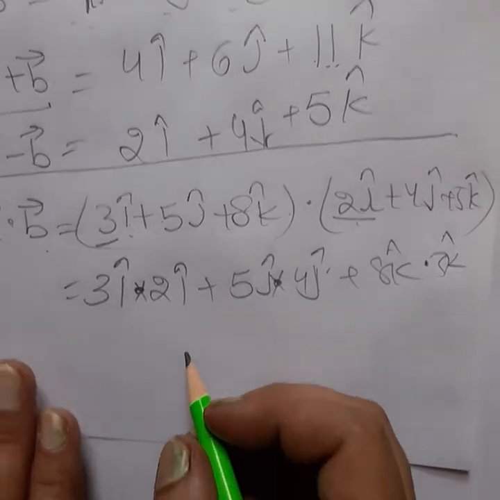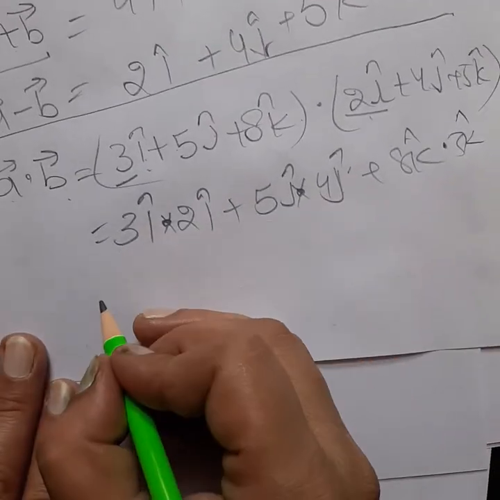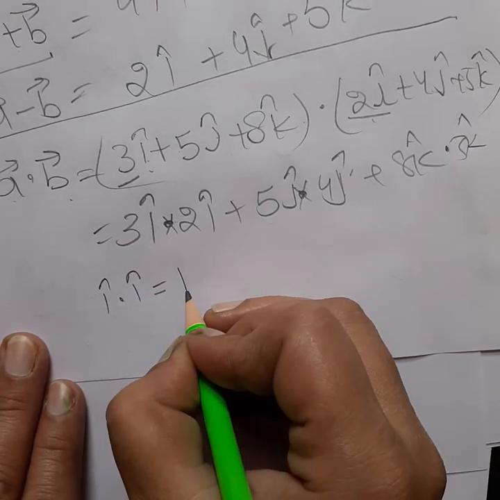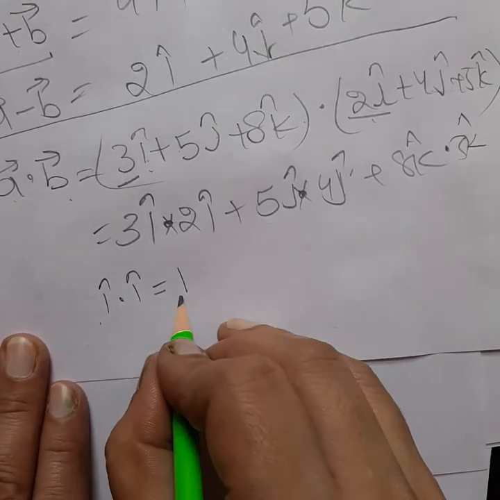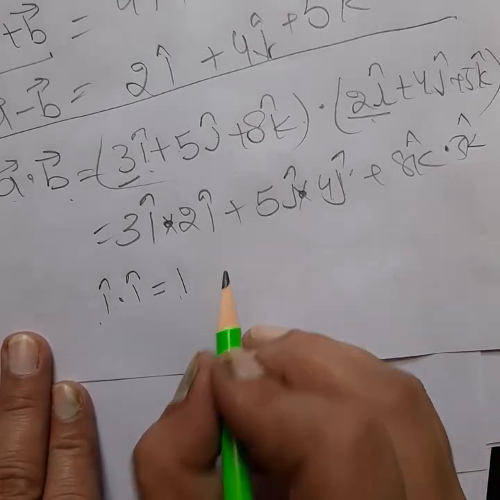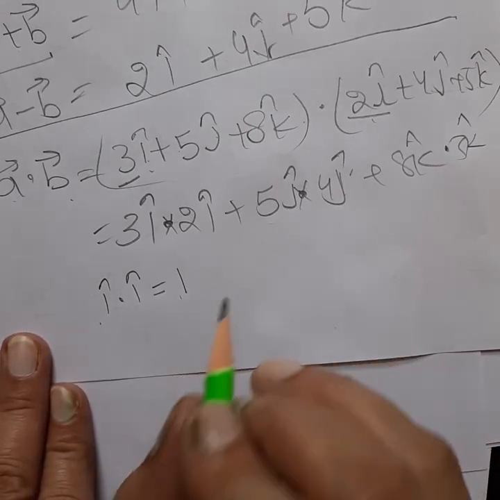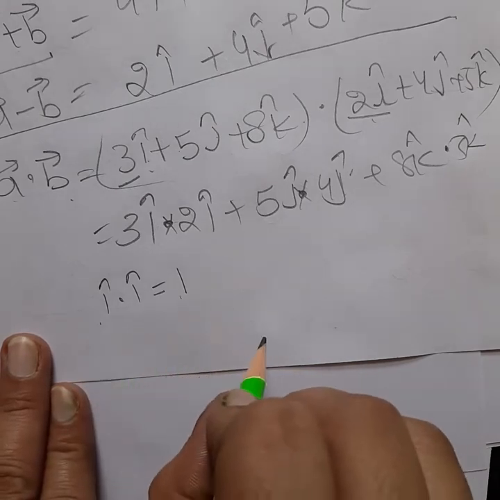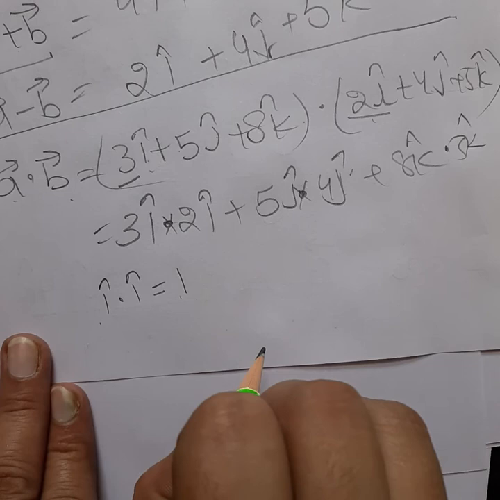Now we should know that i dot i is 1. This is the formula. Students, you may not know the formulas of the vectors, and I want to tell you that by applying these formulas in questions, we can understand them well.